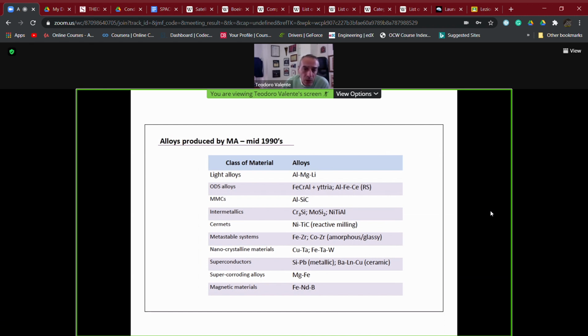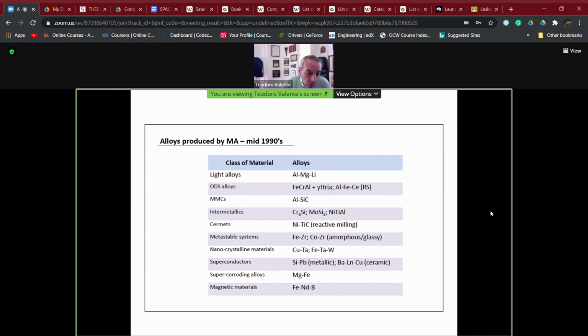So you see, in addition to ODS alloys, and we will say something in the next slides, also light alloys, metal matrix composites, intermetallic materials, metal-ceramic materials, the ones which are called ceramic materials, metastable systems, nanocrystalline materials, and other ones not used for structural applications, like superconductors and magnetic materials.